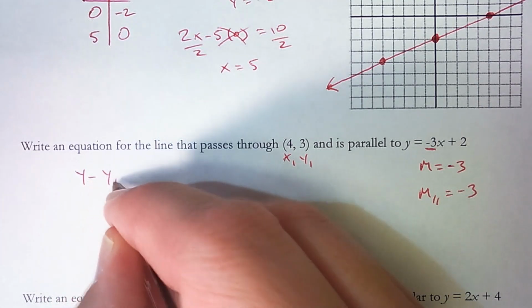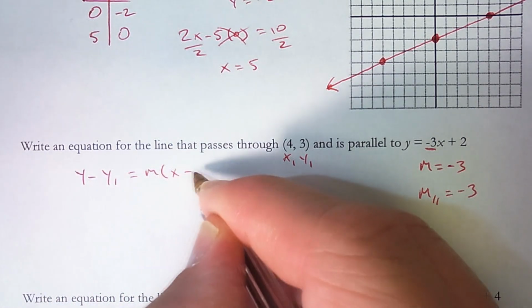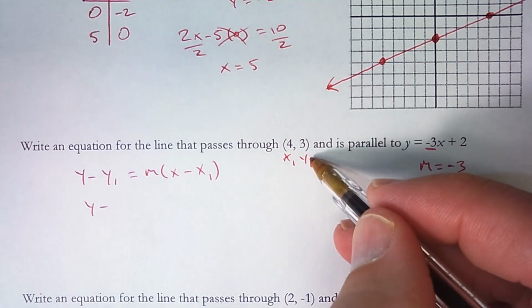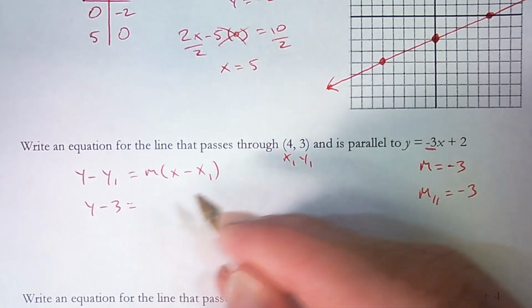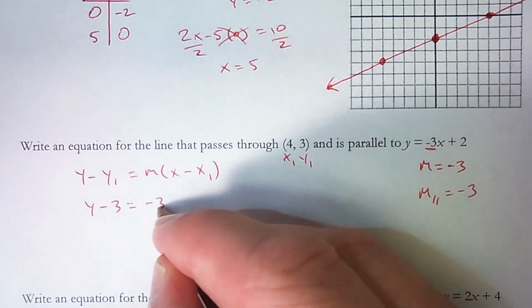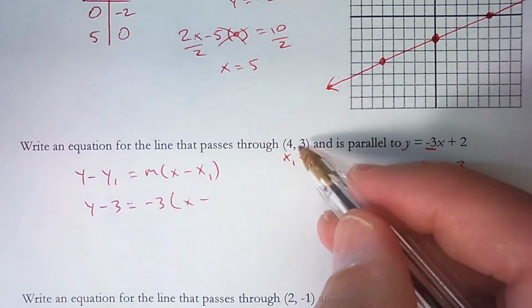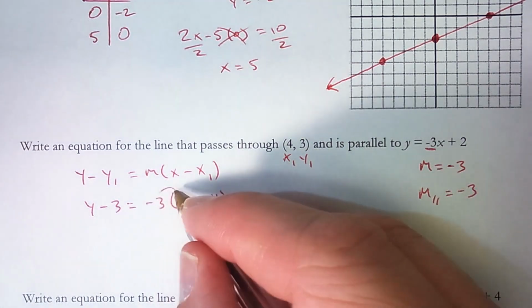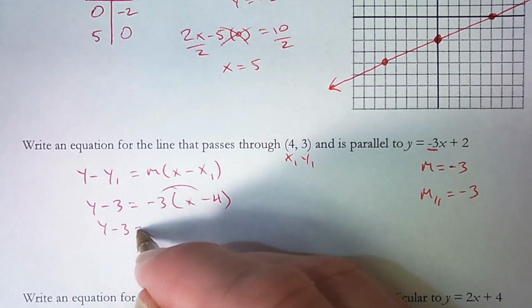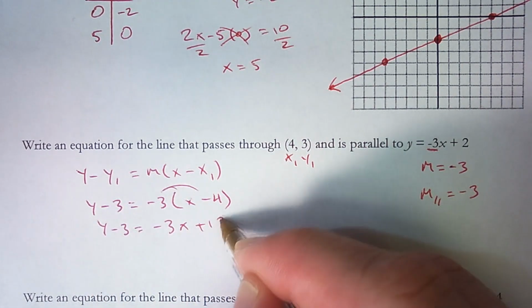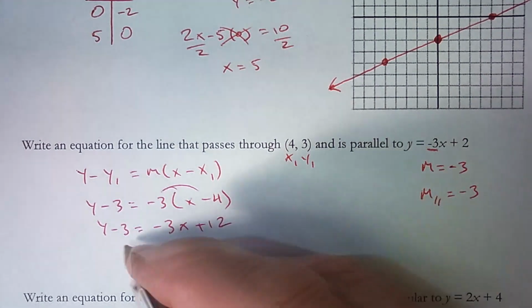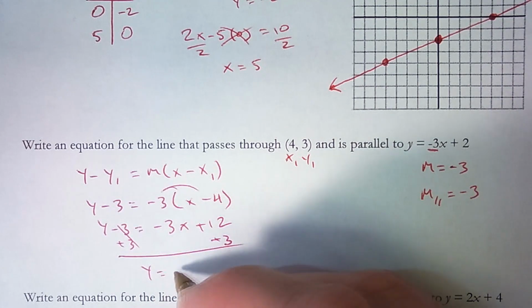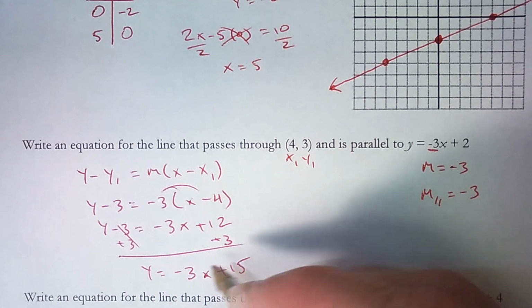Y minus y1 equals m times x minus x1. y1 is 3, m is -3, x1 is 4. Now I'll distribute. Y minus 3 equals -3x plus 12. And I will add 3. Y equals -3x plus 15.